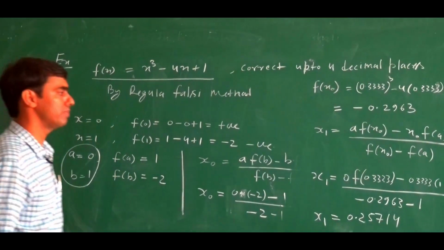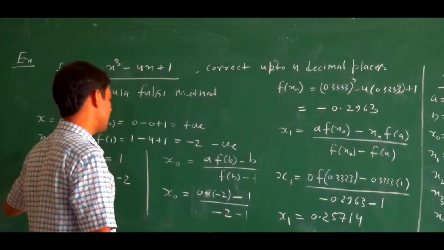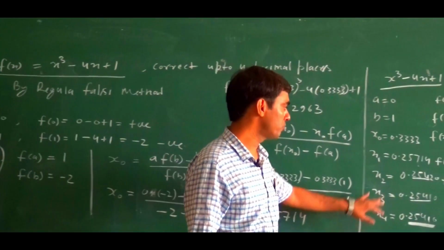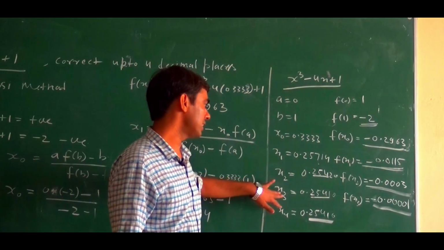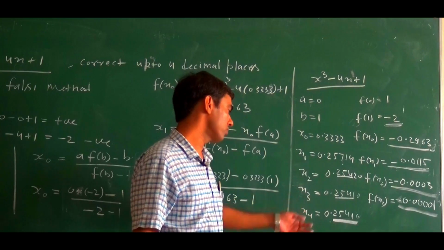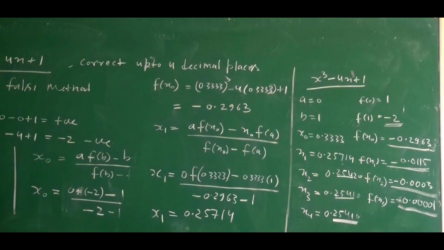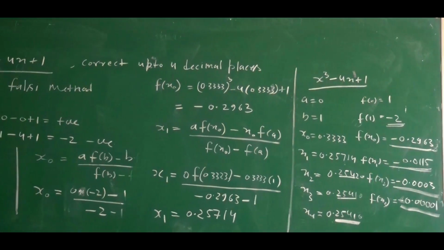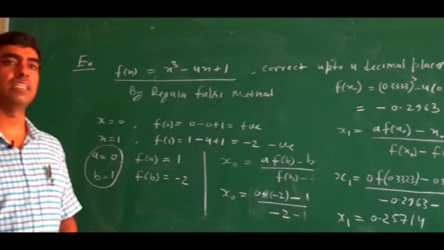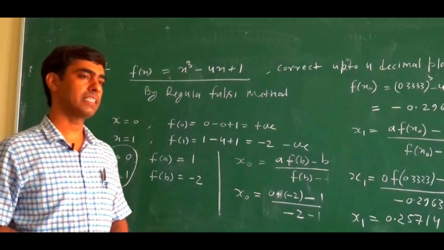But in the Regula Falsi method, if we consider the same initial values a and b, we are able to find in 4 iterations the root correct to 3 decimal places, and up to 5 iterations, the root correct to 4 decimal places. What is the meaning of this? The meaning is that the Regula Falsi method is faster in comparison to the bisection method.